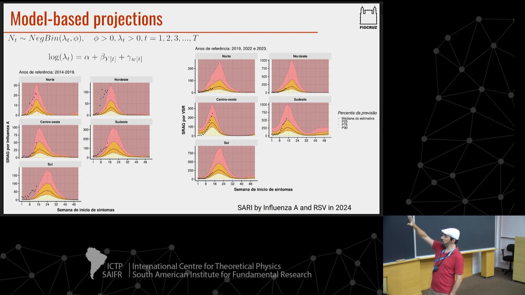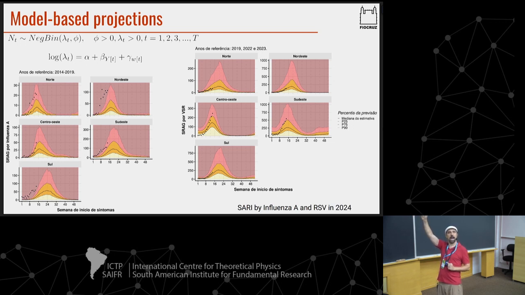We are assuming now that NT, the number of cases at week T, follows a negative binomial distribution with rate lambda, and lambda then has a parameter beta that is associated with the season. So the rate might change from one year to another, and this is modeled by beta y, okay?